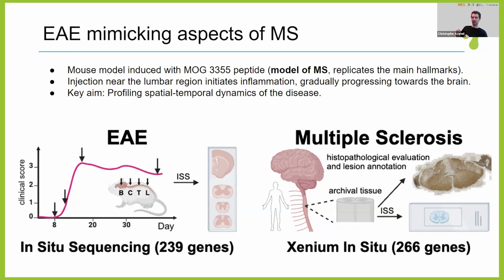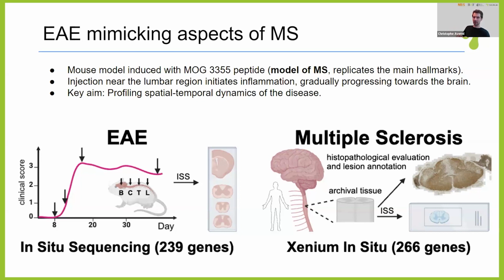That replicates the main hallmarks of multiple sclerosis. Using this model, you can study both the temporal and the spatial dynamics of the disease progression. And then they used human data also next to that to correlate the findings and check if they find something interesting.